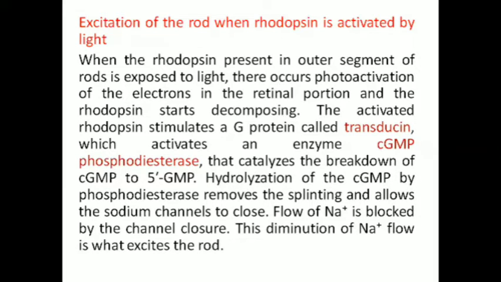Due to this, the flow of sodium ion is blocked by the channel closure. So there is a decrease of sodium flow inside the rod cell, and this excites the rod.